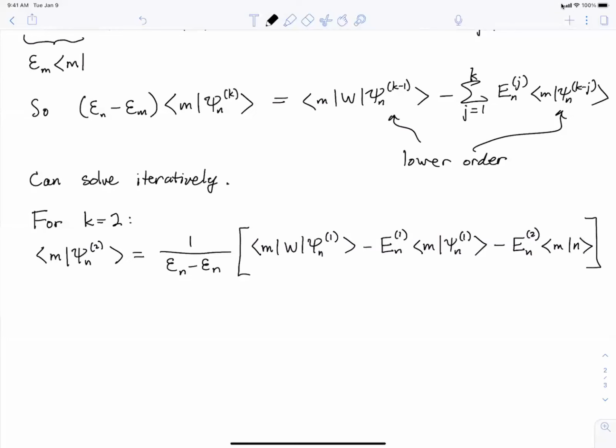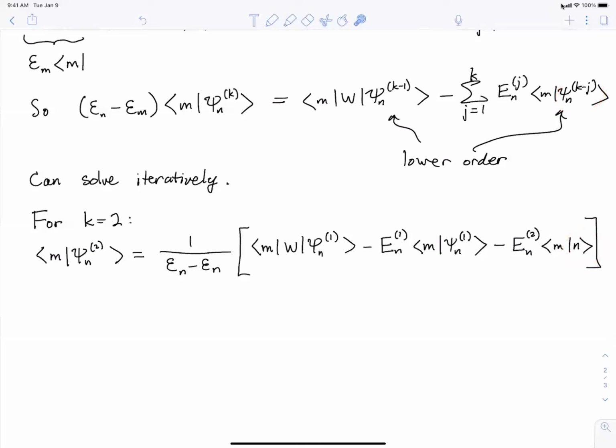In that very last term, I looked at this and said, when j is equal to k, that's ψ_n superscript 0, which is the same thing as the unperturbed state n. So I've just rewritten it that way.